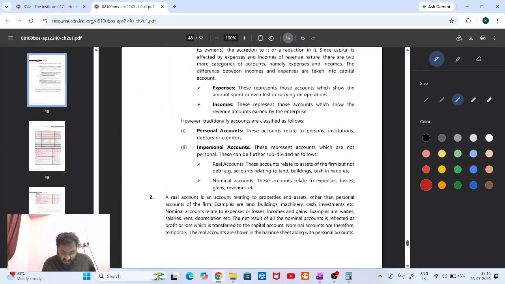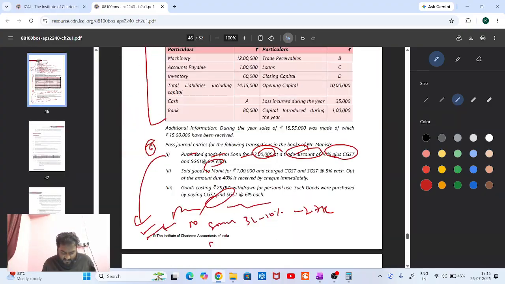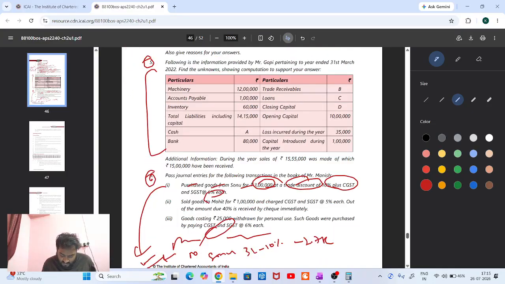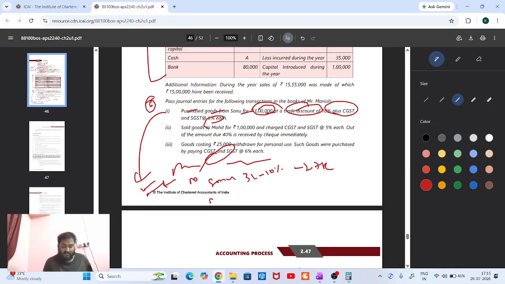I made a mistake. Purchase of goods on credit from the trade is gone. Okay, sorry, this is not it. Purchases come here: purchases 3 lakh minus 10%, to Sonu, with CGST and SGST. This is the general entry.